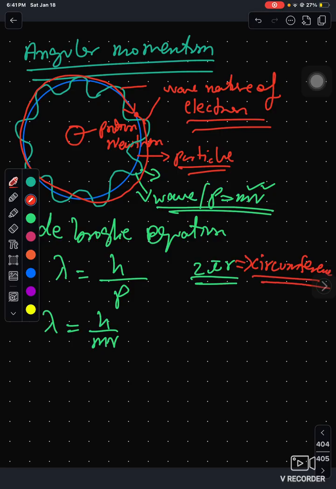So we could rewrite this equation in terms of circumference. We could write it as L is equal to R times P.